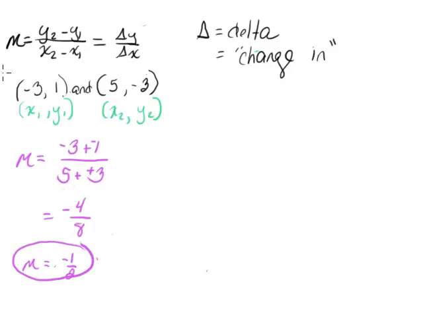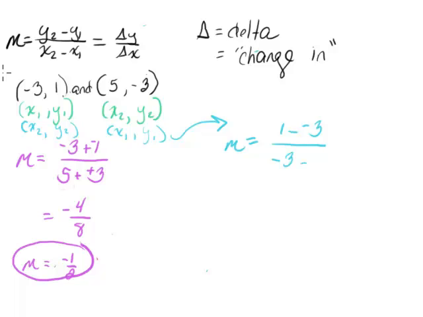If we had chosen to do it with this being x sub 2, y sub 2, and this being x sub 1, y sub 1, we would have gotten the same answer, and I'll show you, as long as we are consistent. So we say 1 minus negative 3, and then x sub 2 minus x sub 1, negative 3 minus 5.